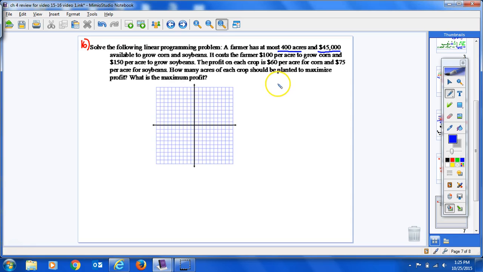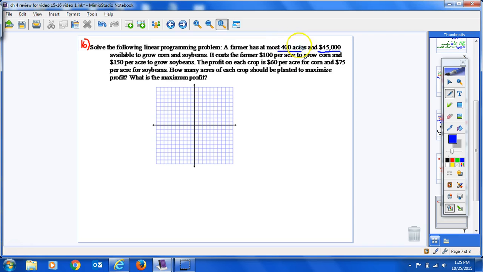So those two numbers, the limitation on the number of acres and the limitation on the amount of money that he has, those in linear programming language represent constraints. His job is that he wants to maximize his growth of these two crops.